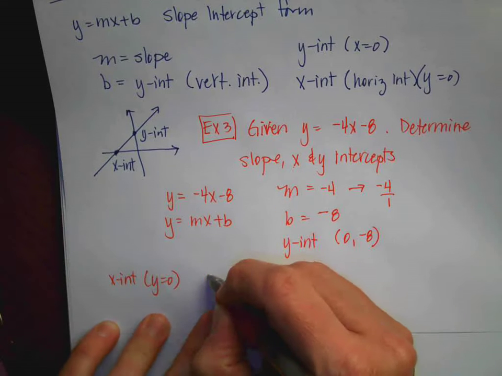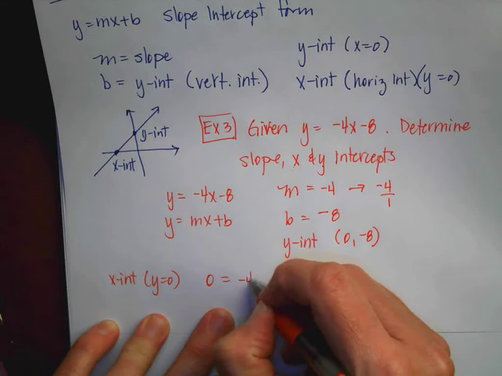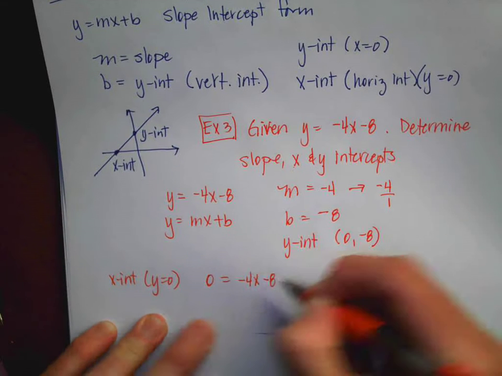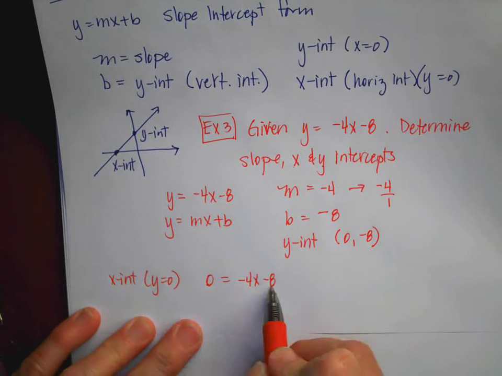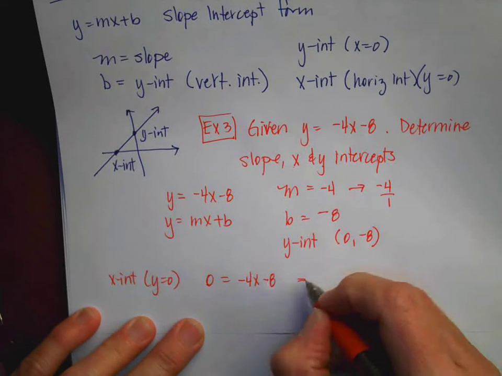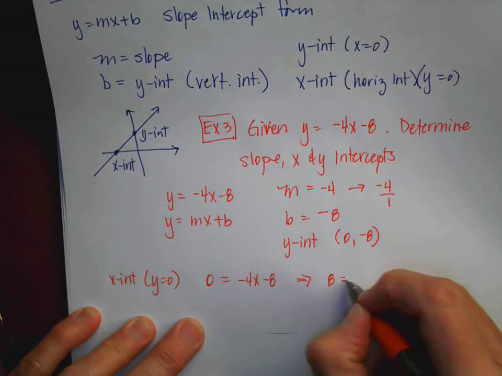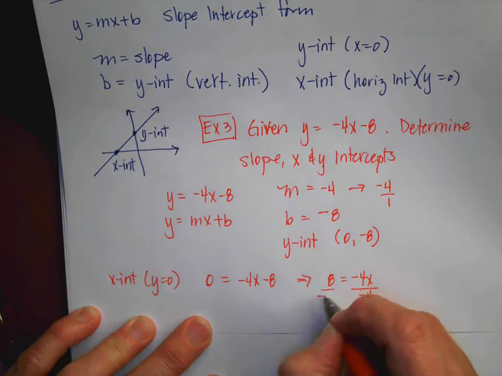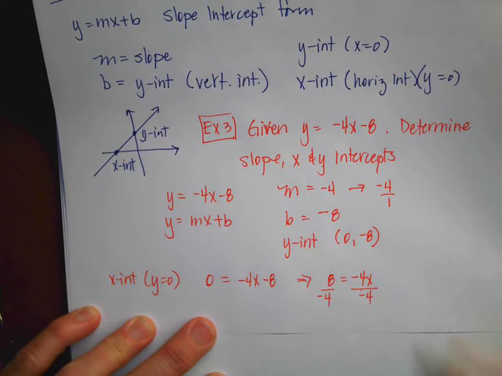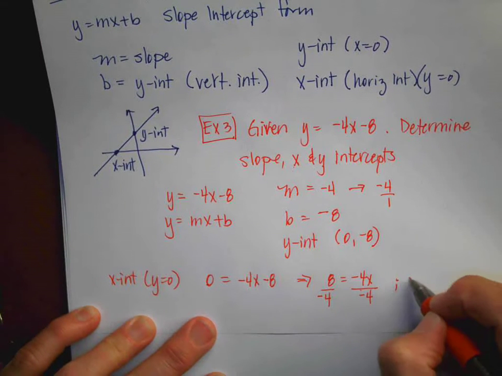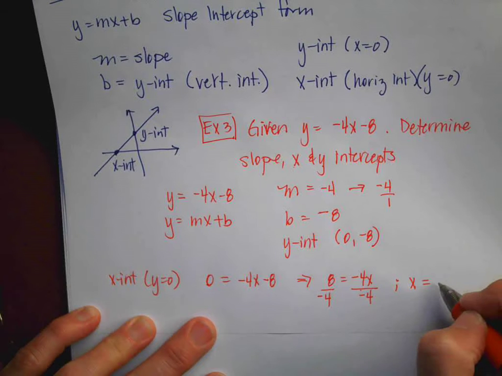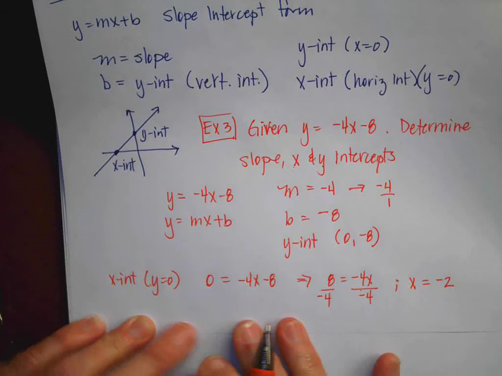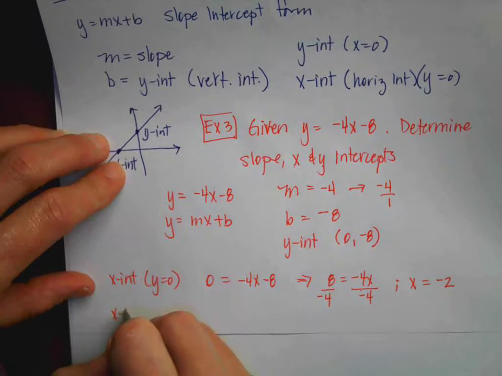So if y is equal to 0, then I get 0 is equal to a negative 4x minus 8. When I move the 8 to the other side, it becomes positive. So I'm going to get 8 is equal to a negative 4x. I'm going to divide both sides of the equation by a negative 4. And I get x is equal to 8 divided by a negative 4, which is a negative 2.